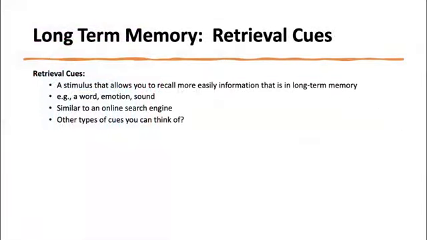Now, the capacity of your long-term memory, so how much information it can actually hold, is vast, right? It's huge. There's so much information stored in your memory, especially in your long-term memory. So how are we able to sort through all of this stored material and then recall the correct information when we actually need it?